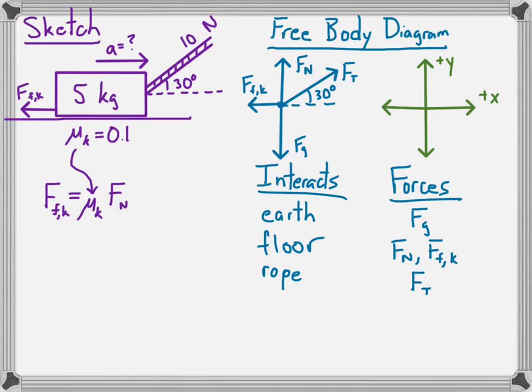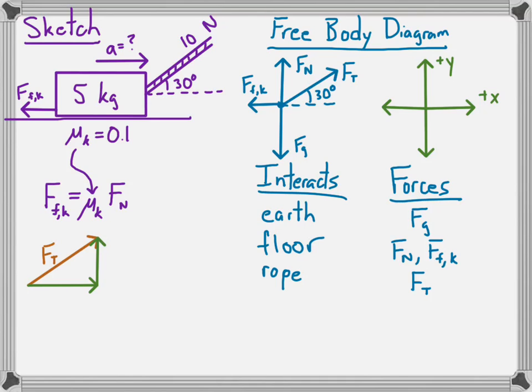So I'm going to create a copy of that vector right down here. Whoops. I got a little ahead of myself there. Sorry about that. And I want to break it down into a component that goes along the x-axis and a component that goes along the y-axis.